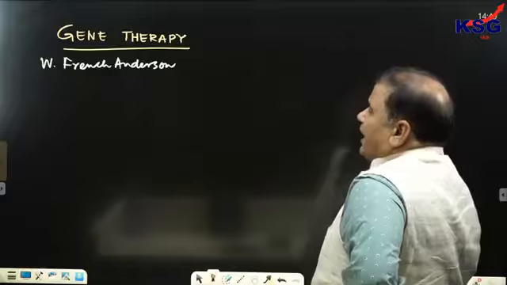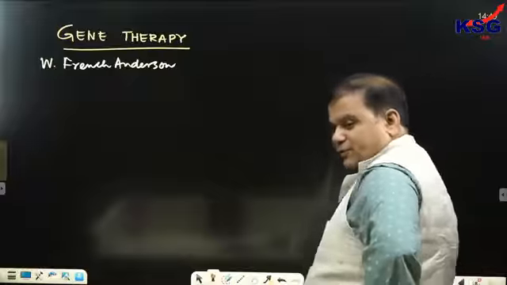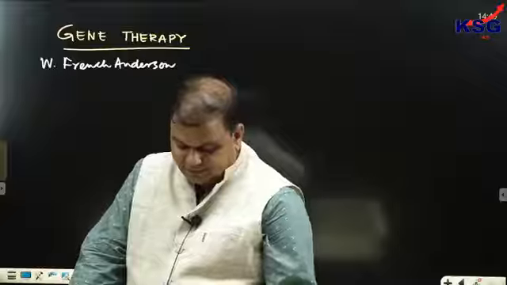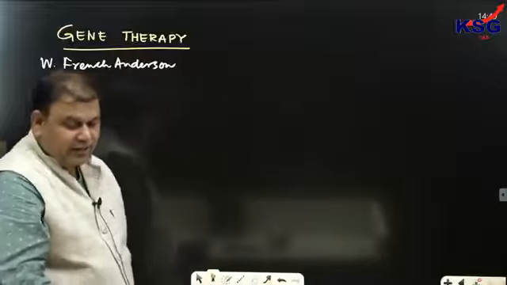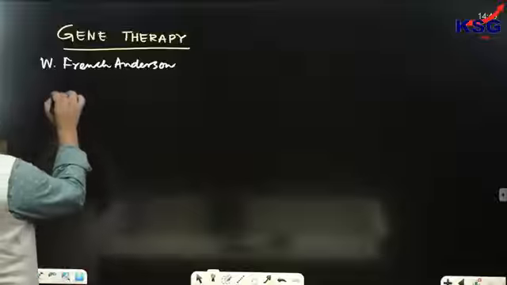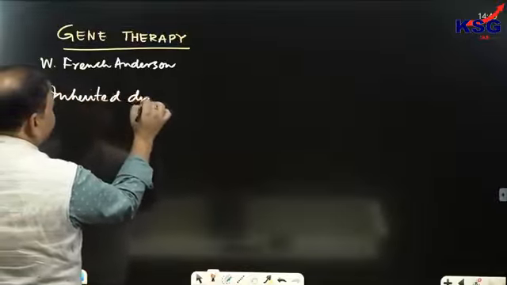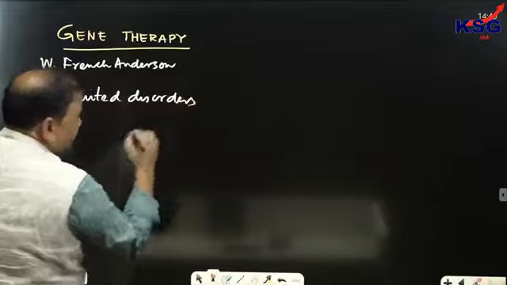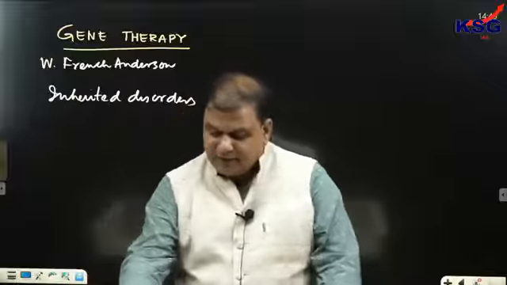Fine. And we can see that this is for removing inherited disorder which would be seen in a person. Write down. This is for the purpose of removing inherited disorder in a person.